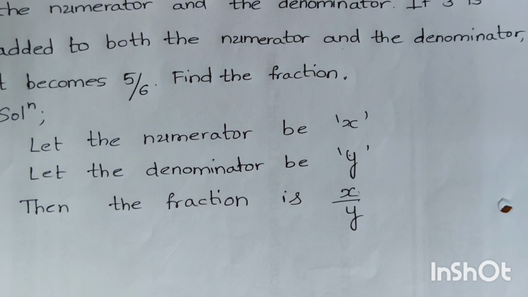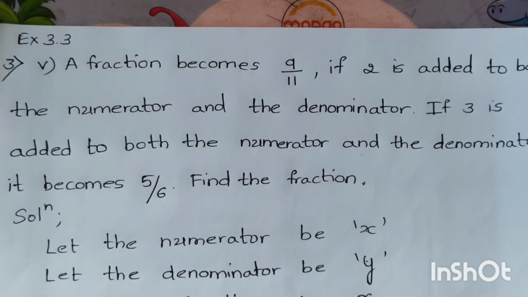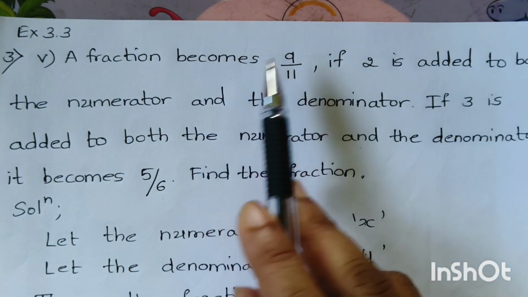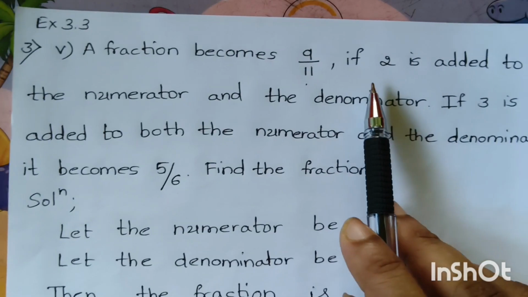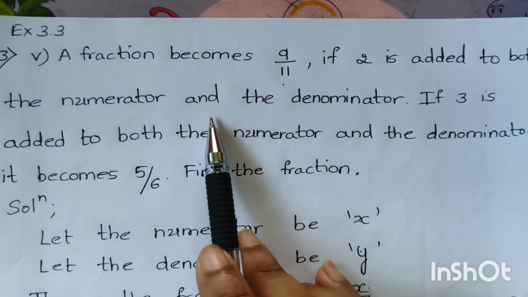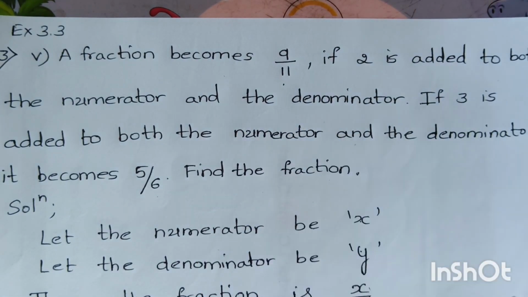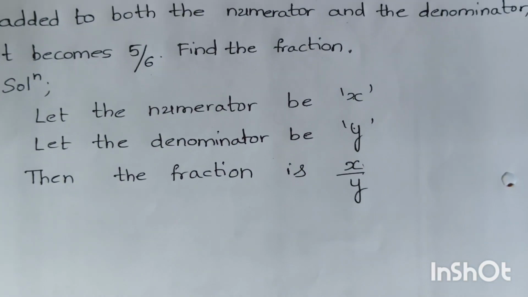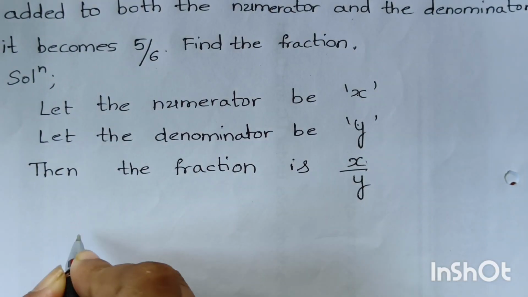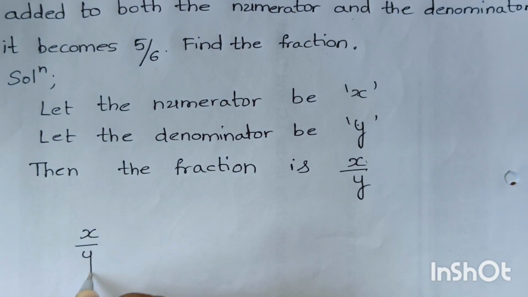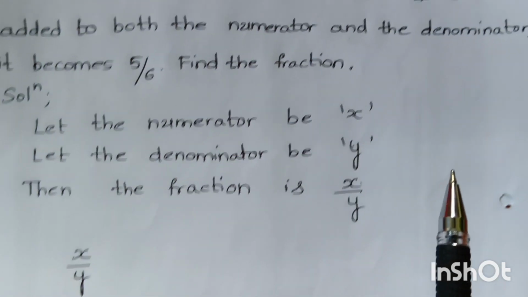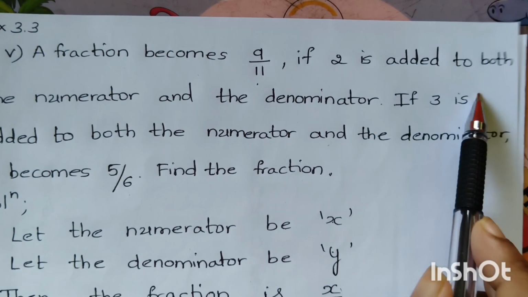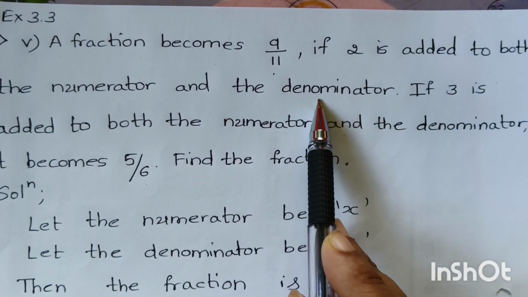Now let us read the question. Look at this. A fraction becomes 9 by 11 if 2 is added to both the numerator and denominator. We know that x by y is our fraction. What have they given? If 2 is added to both the numerator and denominator.